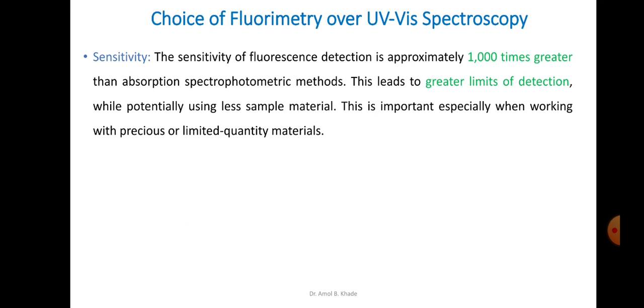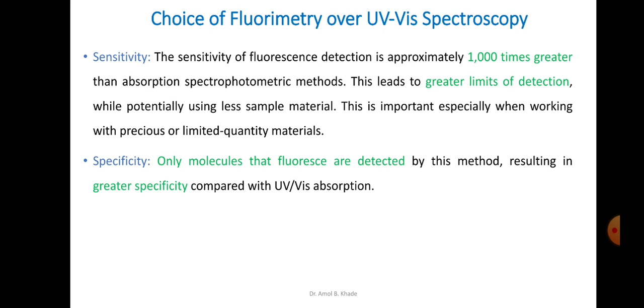And this is important especially when you are working with precious or limited quantity material, like as I mentioned, biological samples, or during research, right? Usually we have a very limited amount of sample, so we have to select sensitive methods for estimation.